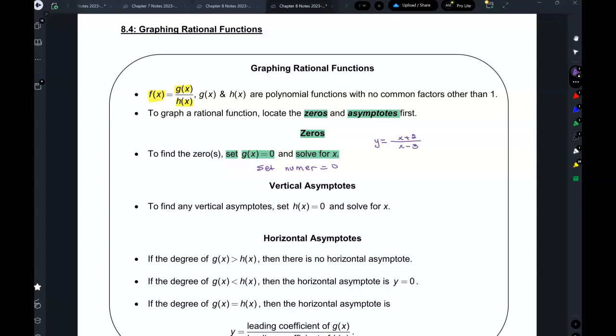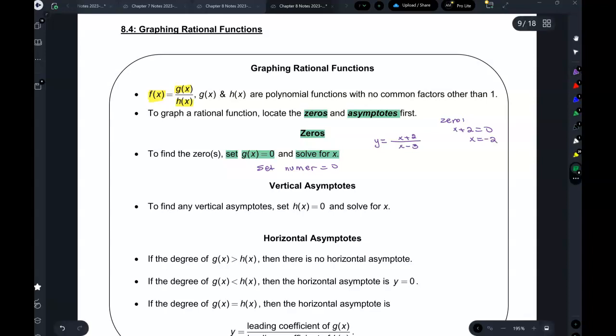So you see this is a rational function. In the numerator, you have a function, x plus 2. In the denominator, you have another function, x minus 3. To find the zeros, you ignore everything. You just look at the numerator and you say x plus 2 equal to 0, x equals negative 2. That's the zero. That's where the graph will do what when we graph it? Cross the x-axis. Good. Okay, so that's that.